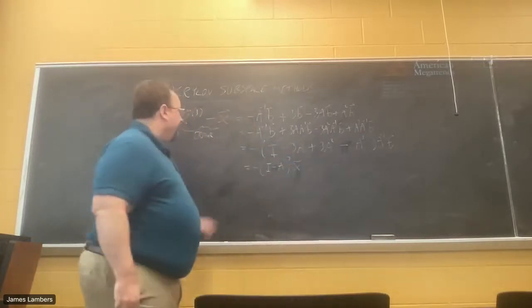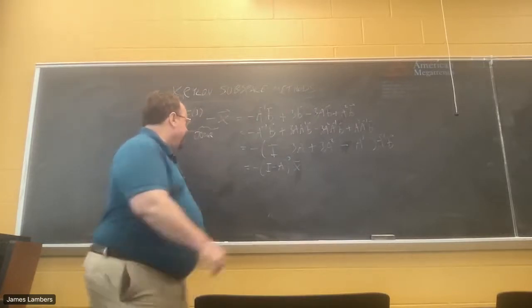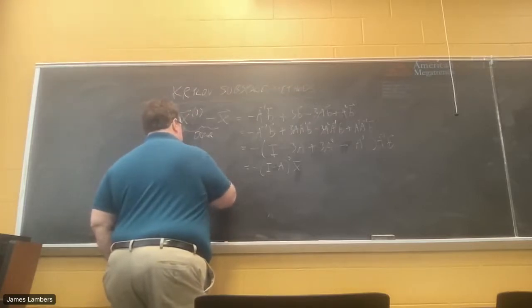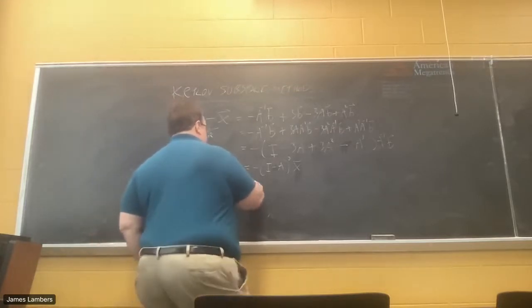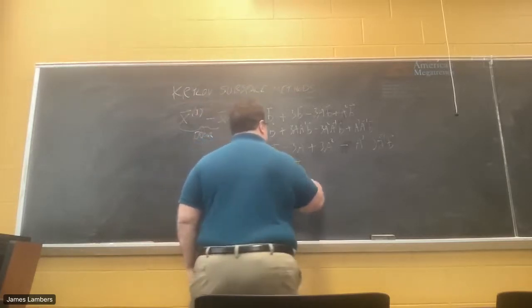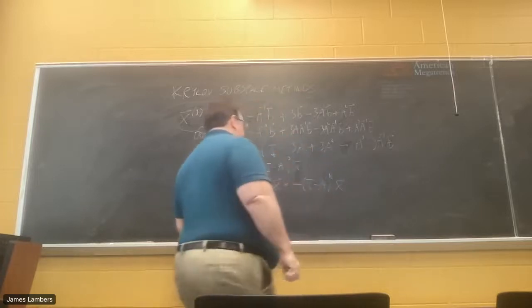Okay. So the error, in general, xk minus x is equal to minus identity minus A to the kth power times x.